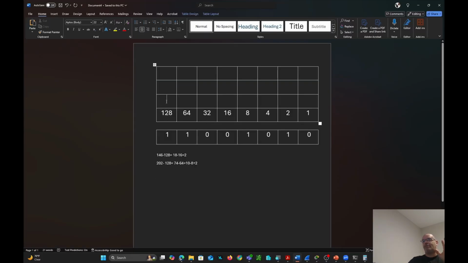Just like I showed you in that earlier video, to build the second row, we just add the numbers going back that way, right? So 128 plus 64, 192, 192 plus 32, so now we're looking at 224.